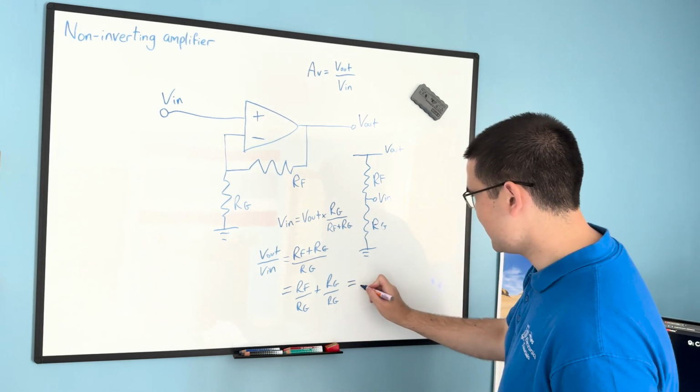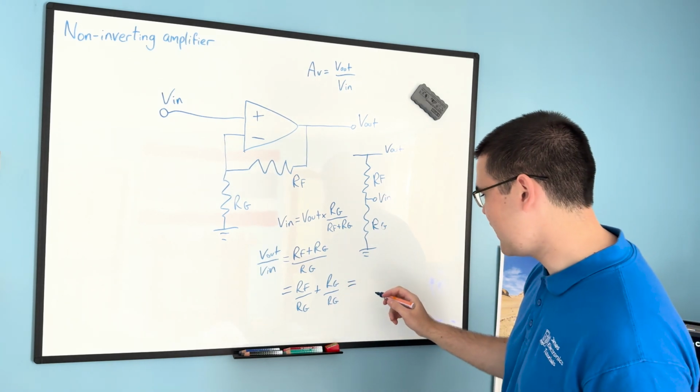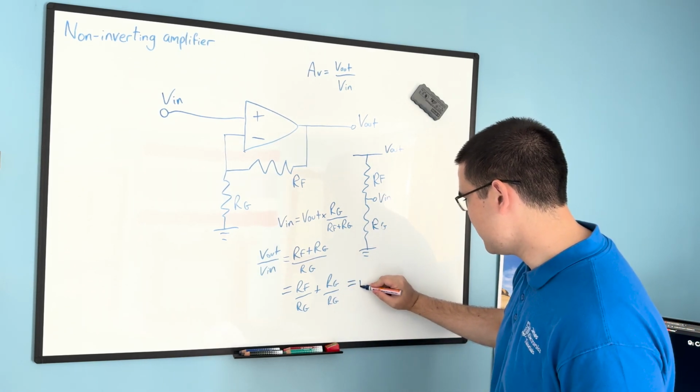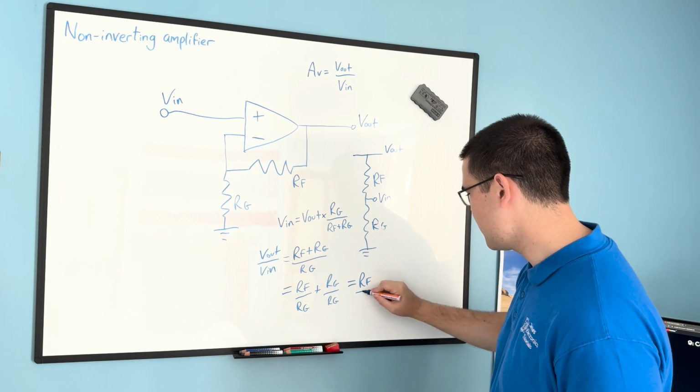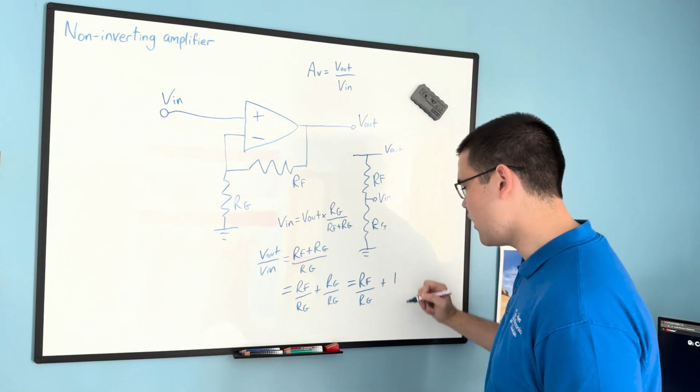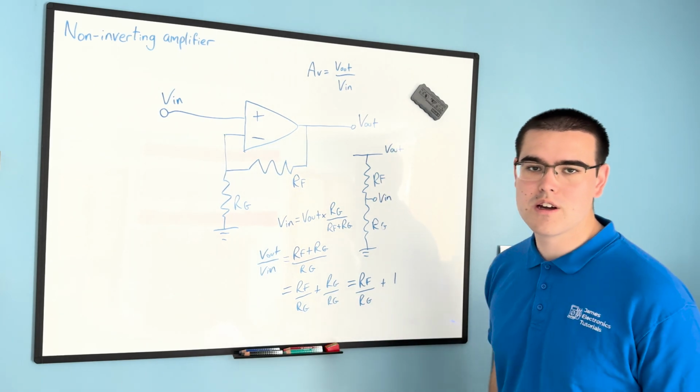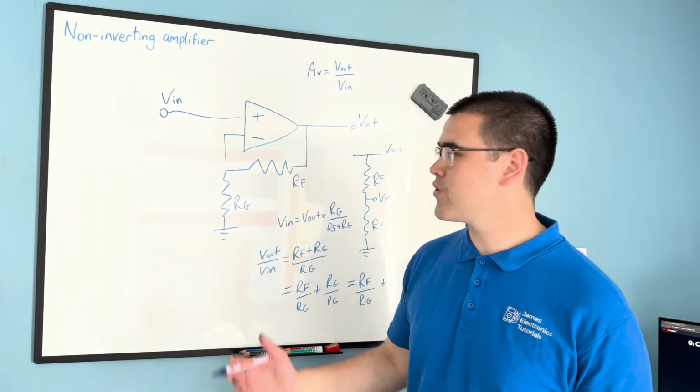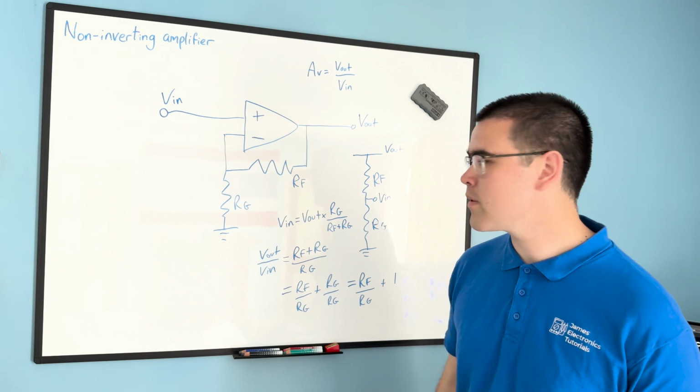So we can finally say that the closed loop voltage gain, AV, is equal to RF divided by RG plus 1. And that's true every time for the non-inverting amplifier's most basic configuration.